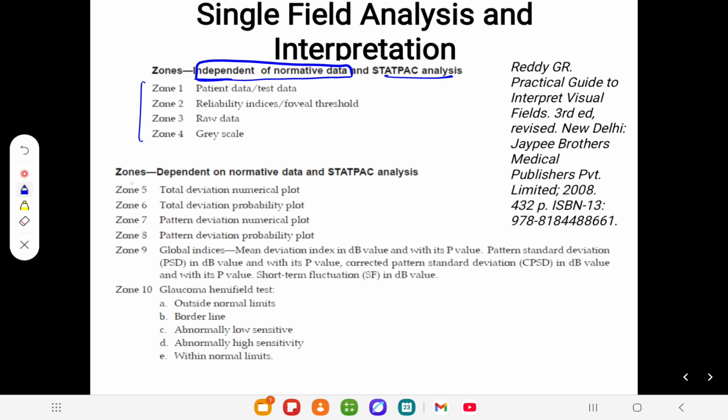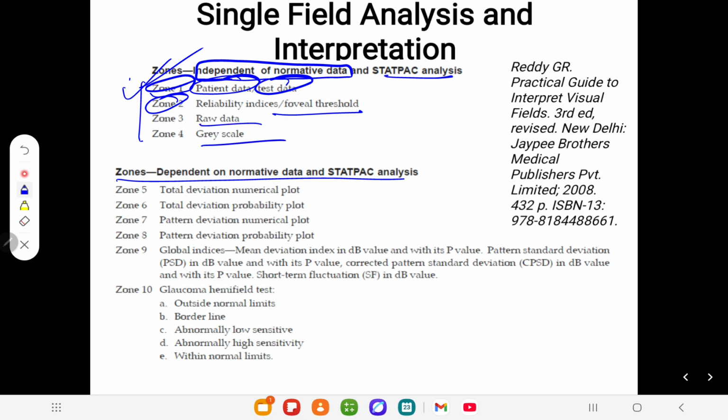And these six zones depend upon the normative data and the statistical analysis. So these four zones are independent of the normative data: test data and patient data, that's what we are going to talk about. Zone one, zone two, reliability index, it doesn't matter, they are independent of the normative data. Raw data and grayscale are also independent of the normative data.